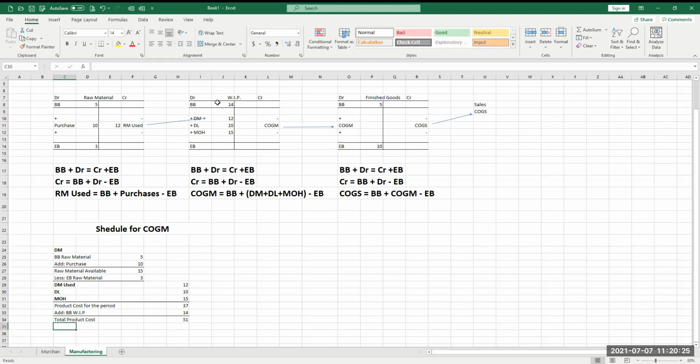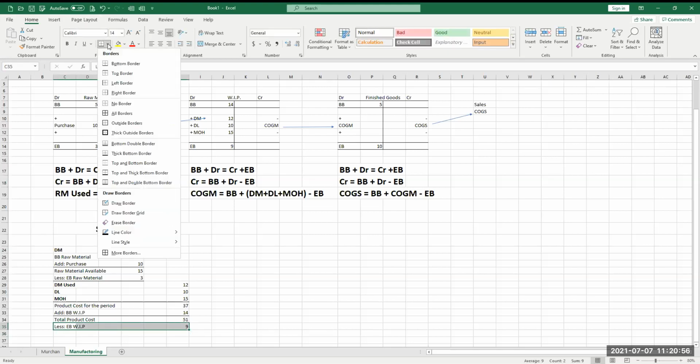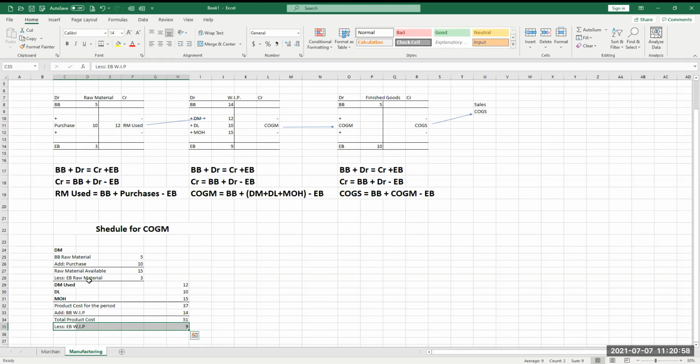What do I have to do to get the cost of goods manufactured? I have to deduct the ending balance on the work in process account, correct? Once I deduct the ending balance, give me an example for the ending balance. 9. Less 9, what am I going to get?